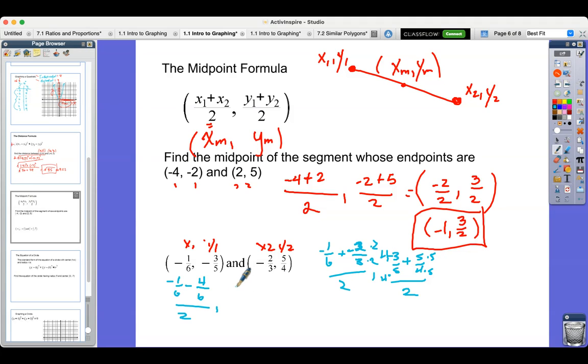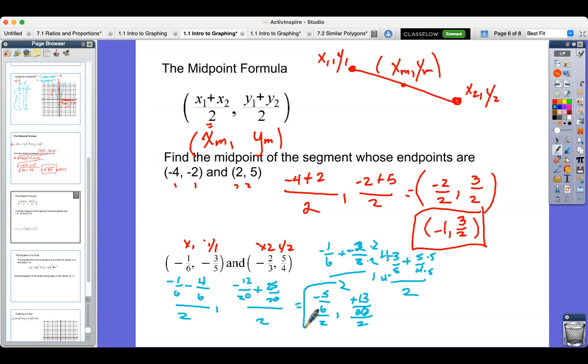You end up getting -12 over 20 plus 25 over 20, all over 2. Combine this, -1 plus 4 gives you 3 over 6 over 2. And then comma, -12 plus 25 would be positive 13, so positive 13 over 20 over 2.